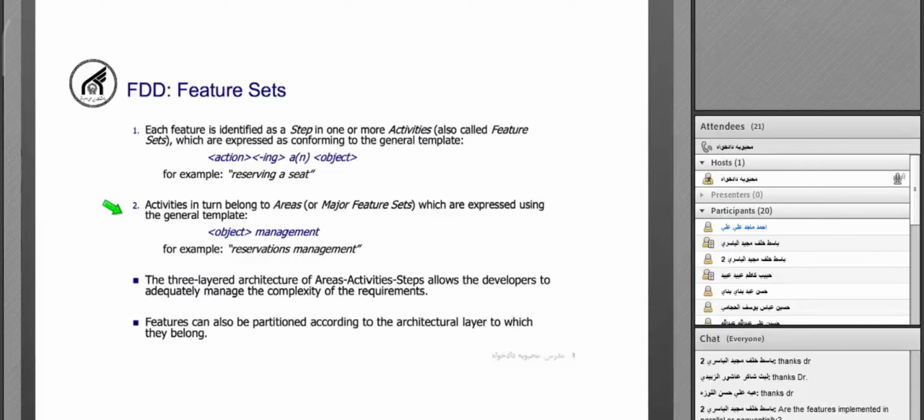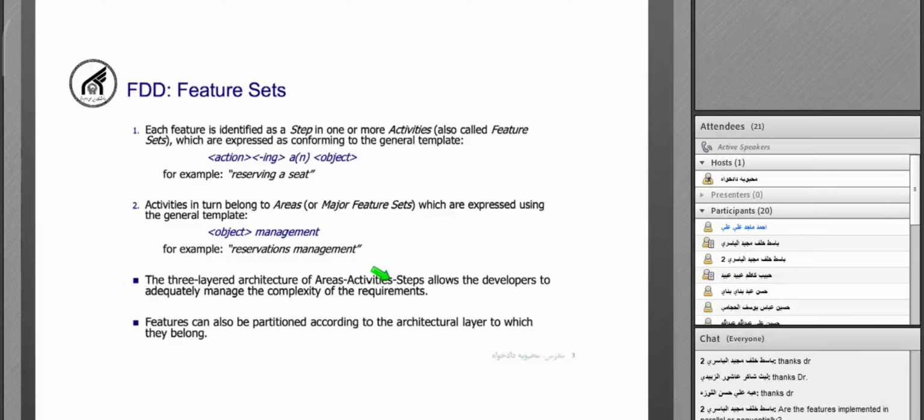So after we look at all the features in our list, we can identify many activities. Each activity consists of multiple features. And after looking at all these activities or all these feature sets, these activities belong to areas.